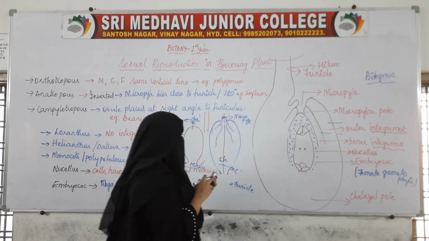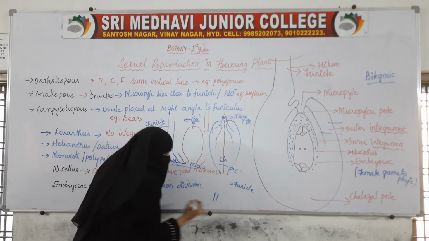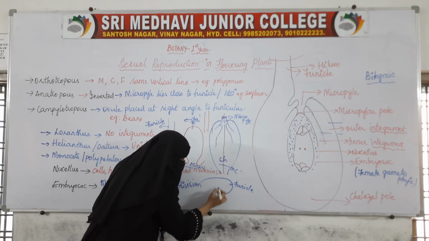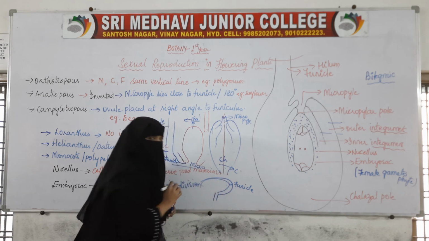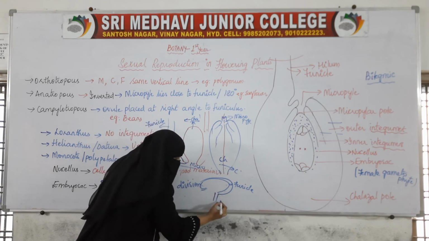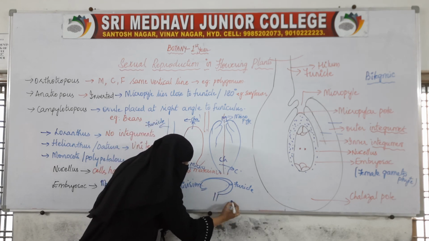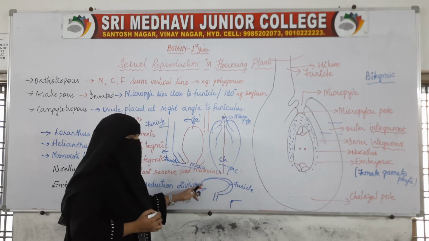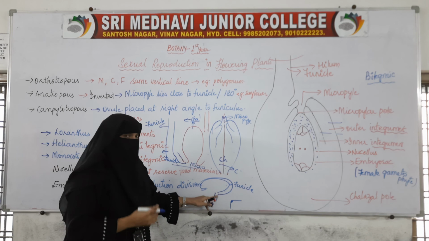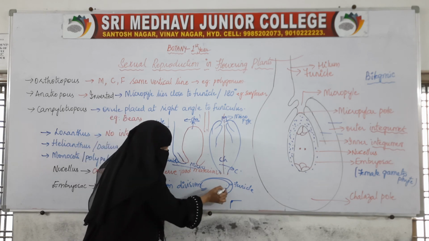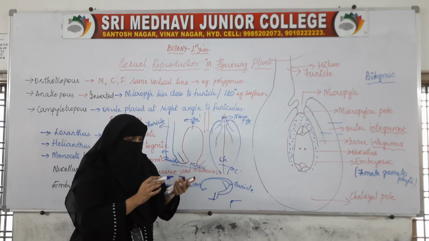For example, if this is funicle, the ovule is present at the right angle. See this one. This is the right angle. The ovule, that is the body of the ovule, is present at the right angle to the funicle. This is the funicle and this is the body of the ovule.